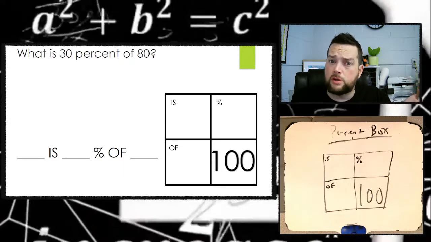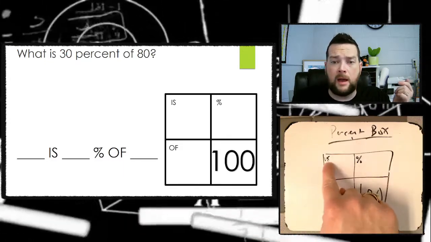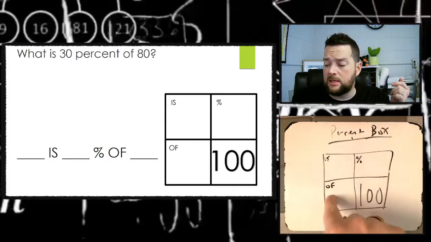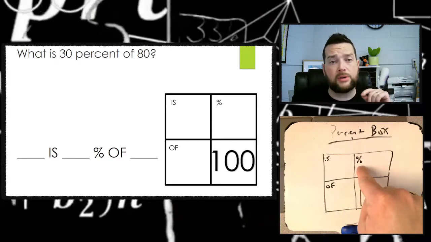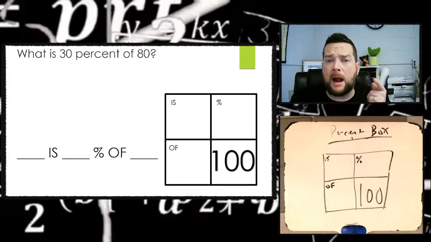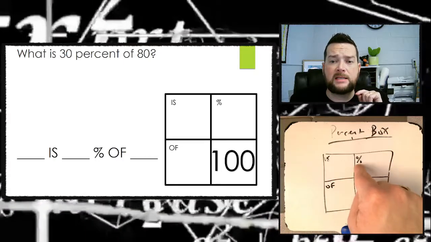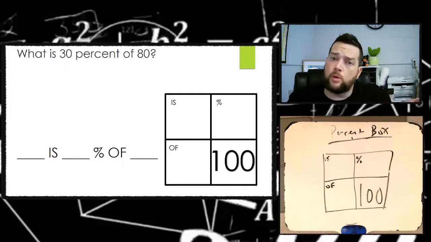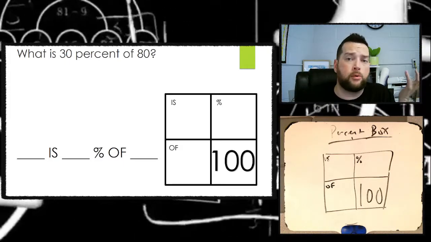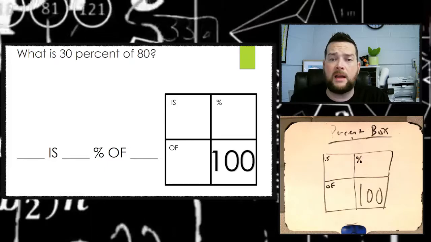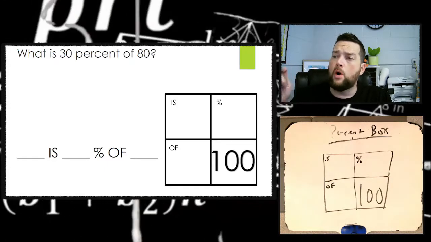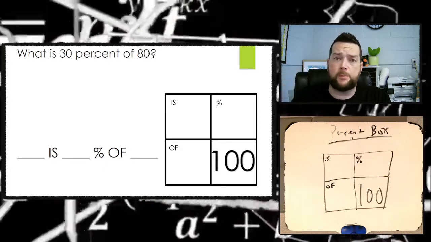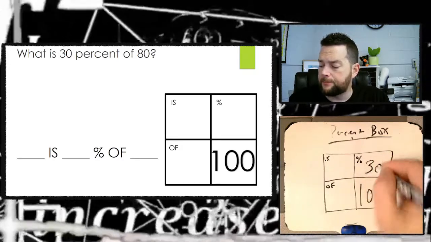There are some clues from the problem, and the clues have to do with these words, is and of, and then that symbol, the percent sign. The first one that I'm always looking for is that percent sign, or the word percent. Now, if it said what percent, we don't know what the percent is, and so that would be what we're finding. But in this problem, it says, what is 30%? So the percent here is 30.